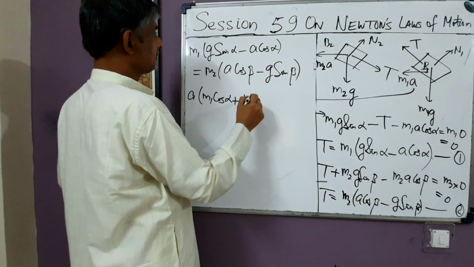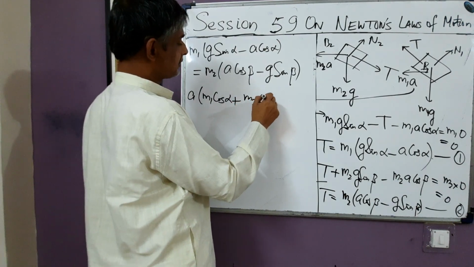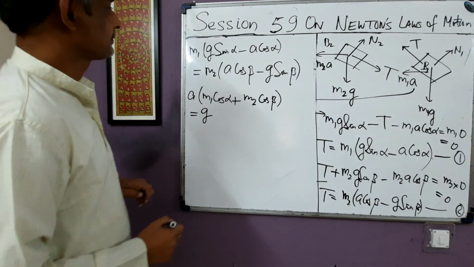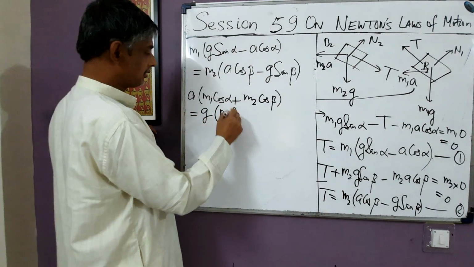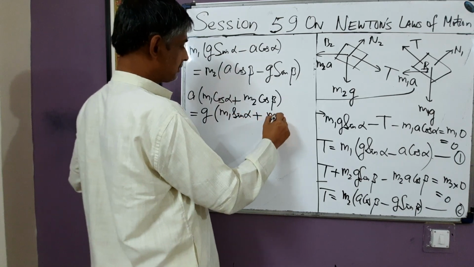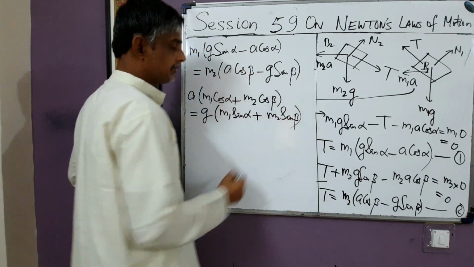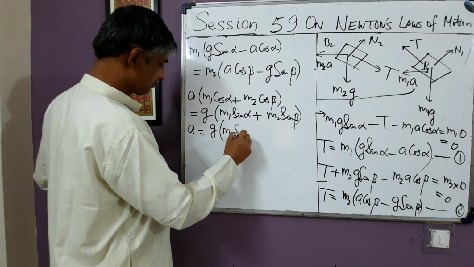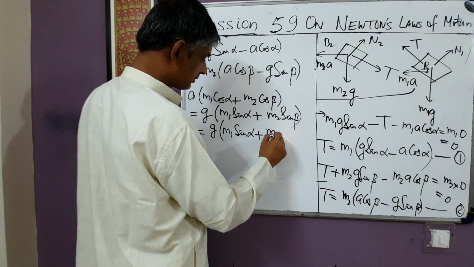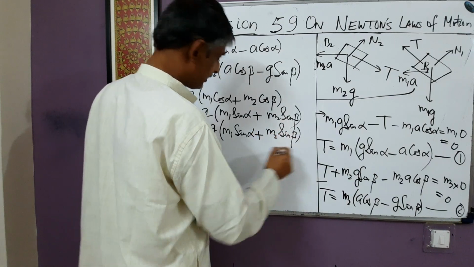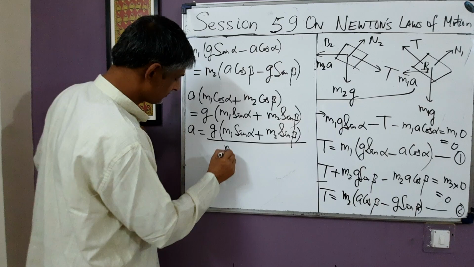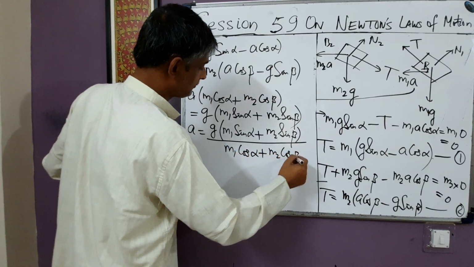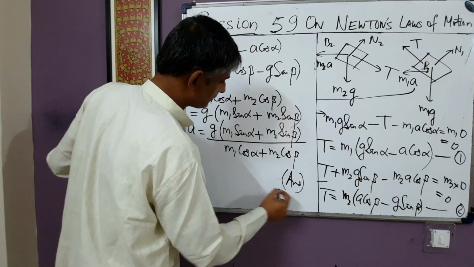A times M1 cos alpha plus M2 cos beta is equal to g times M1 sin alpha plus M2 sin beta. So A becomes g times M1 sin alpha plus M2 sin beta upon M1 cos alpha plus M2 cos beta. This is the answer to the first part of the question.